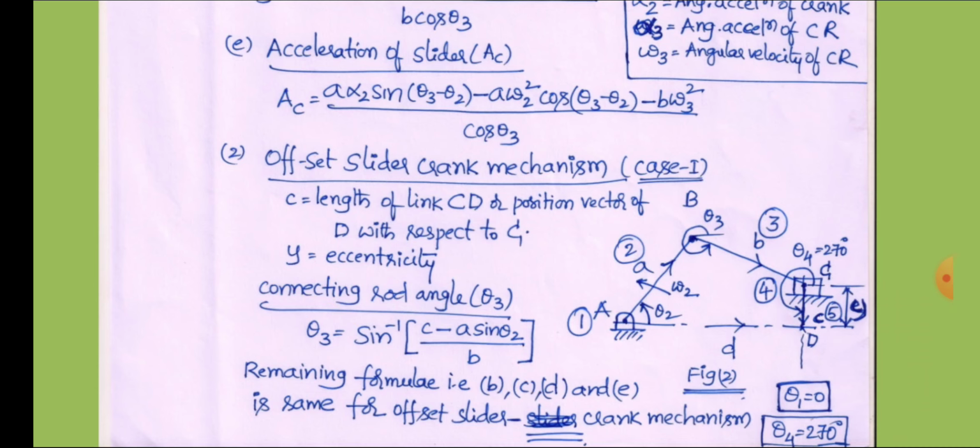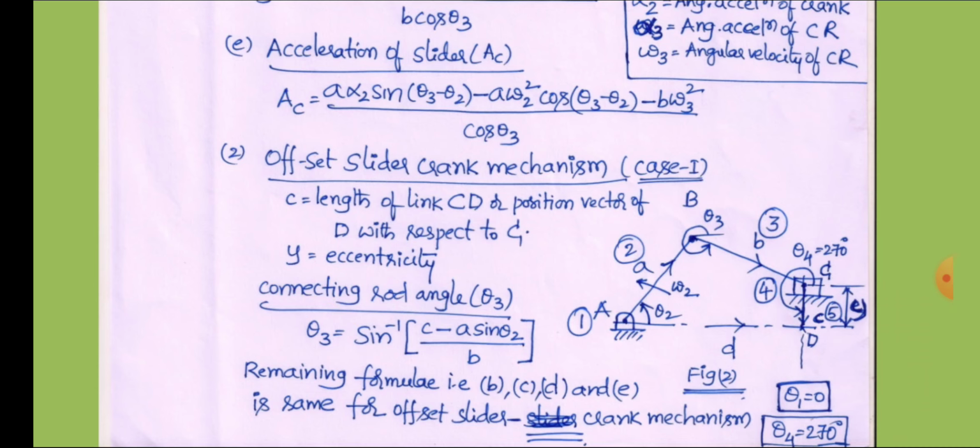But because the slider is at a height of y from the reference line, in addition to the 4 there will be one more link, link AD, which you can see in the figure, where small c is the vector of the link AD.